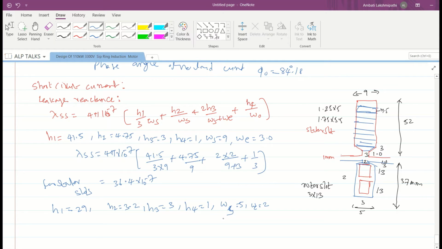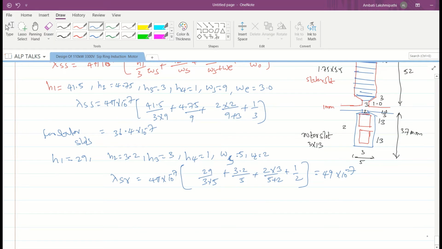Similarly for lambda sr for the rotor we can calculate using the same formula, 4 pi into 10 power minus 7 times 29 by 3 into 5, plus 3.2 by 5 plus 2, plus 2 into 3 by 5 plus 2, plus 1 by 2. With this we get a value of 49 into 10 power minus 7.